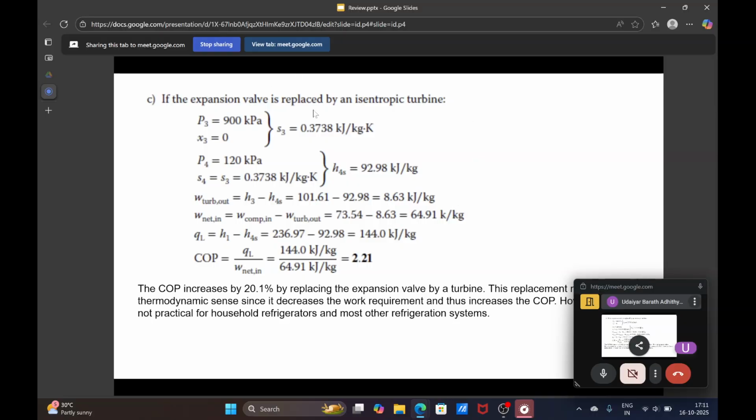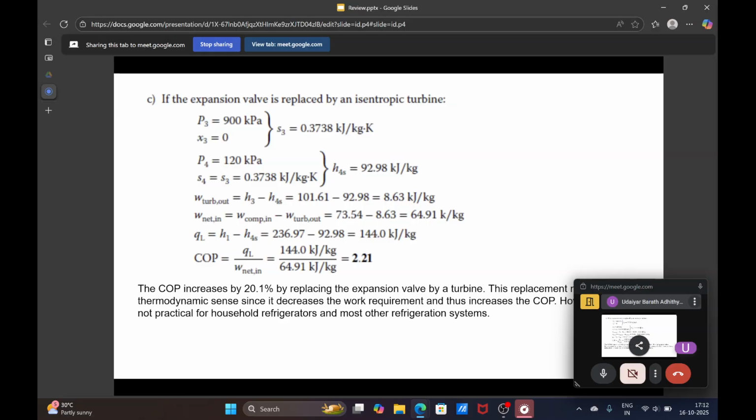So if the valve is replaced by an isentropic turbine, at saturated liquid out of state point 3, you have a pressure of 900 kilopascal and quality is 0, that is saturated liquid. So your saturated liquid entropy at that point is 0.3738 kilojoule per kg Kelvin, and P4 is 120 kilopascal. Since it's an isentropic process, your entropy will remain the same.